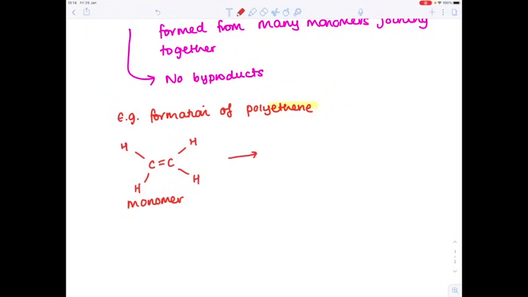You then need an arrow, and then effectively you break that double bond, elongate those side bonds, and then add those hydrogen atoms back in. And then you have some all-important square brackets. And now because you've got a large number of these monomers joining together, we're not going to draw them all. We're just going to use a small n to show that there's a lot of them. And that's how you draw polyethene formation.